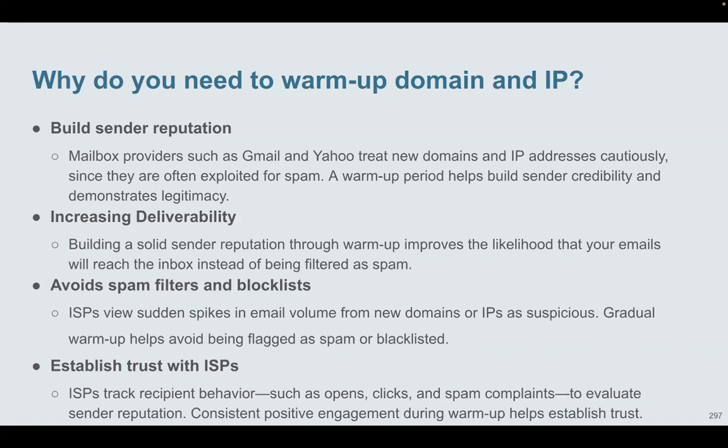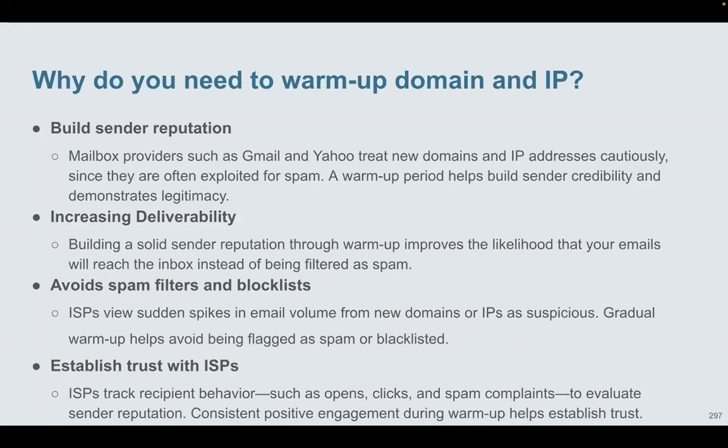And of course, the open and click rates also go up if you have a good deliverability score. How does this warm-up help you with the spam filters and block lists? Because ISPs are always monitoring the senders and the sending practices. If they see that all of a sudden you're sending too many emails, that's a red flag.